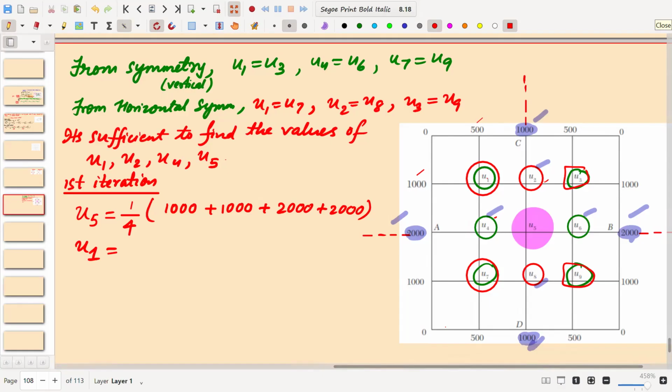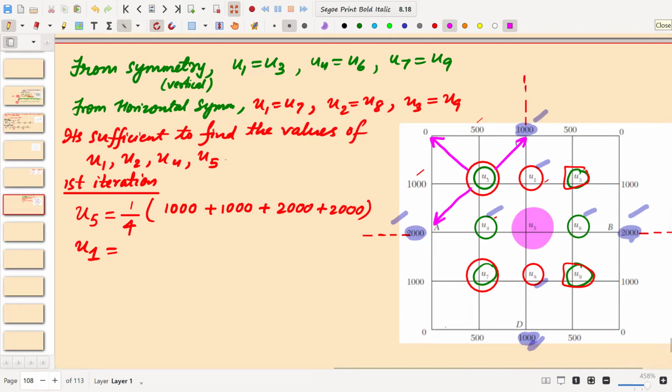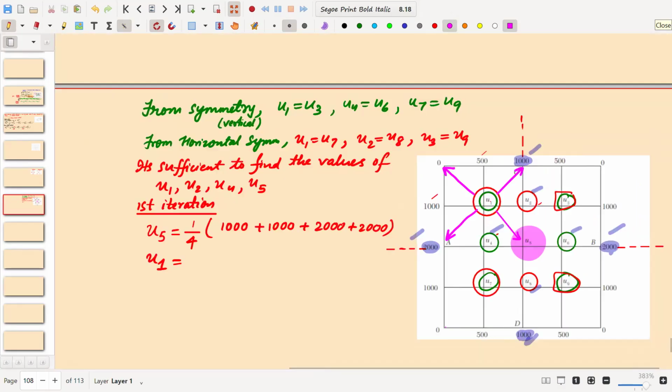Why? Because we have this value, this value, this, and from your previous iteration, you already have U5. How clever it is to first find U5 and then find U1.